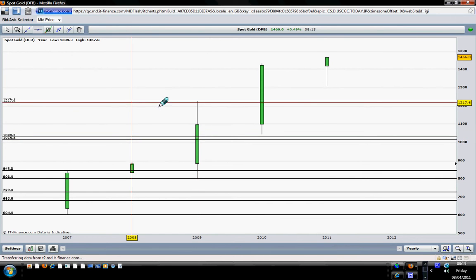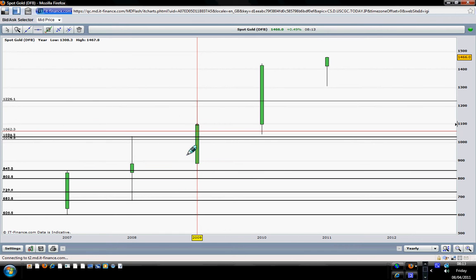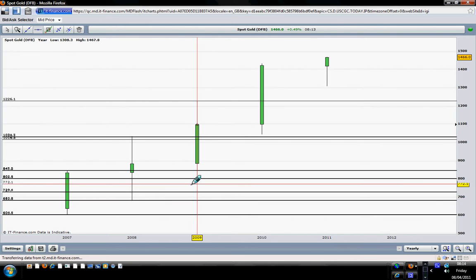So I hope you understand clearly now what we are talking about, the hotspot trading zone and the double impact hotspot trading zone. As you can see, in 2009 the price tried to go down. People were selling.